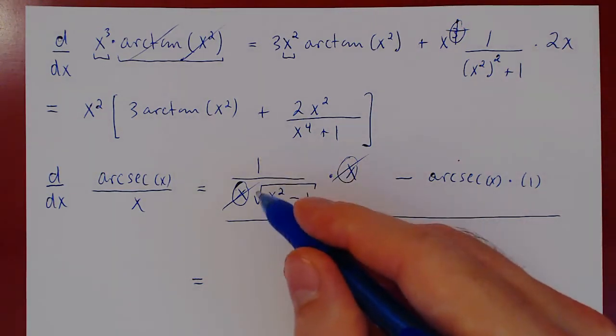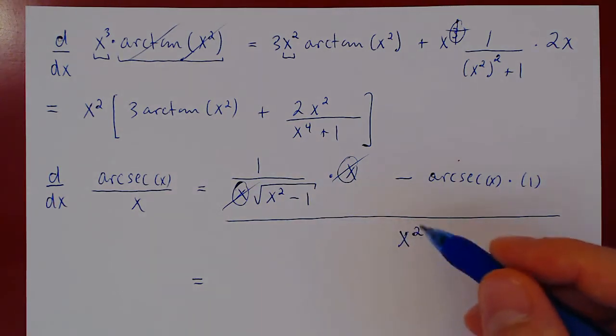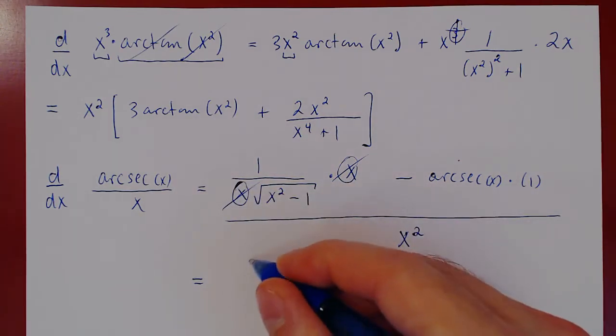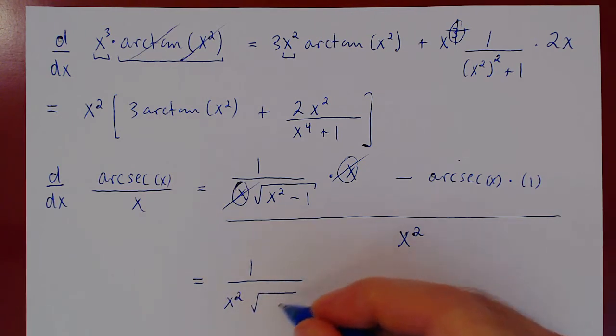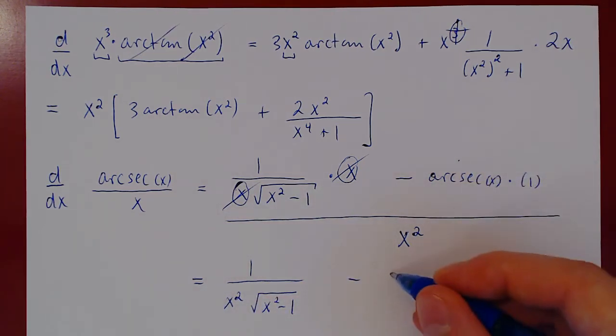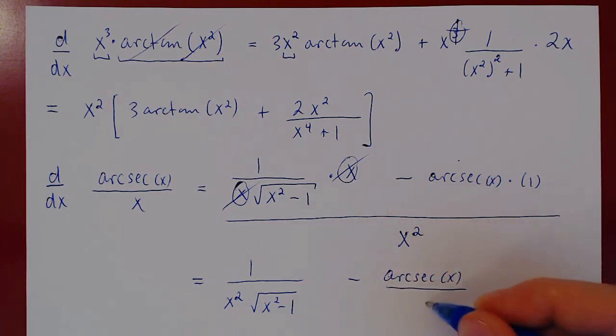So if I have 1 over root of x squared minus 1 divided by x squared, dividing by x squared is the same as multiplying by 1 over x squared. So we'll have 1 over x squared root of x squared minus 1 minus arcsecant over x squared.